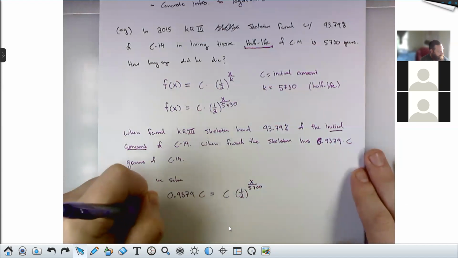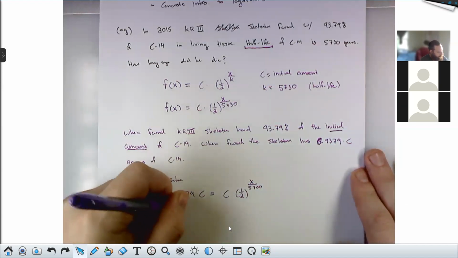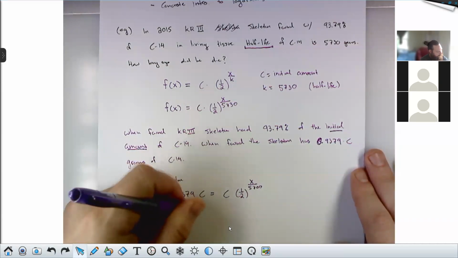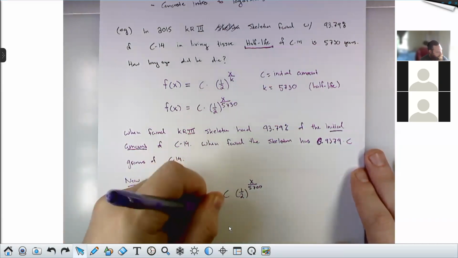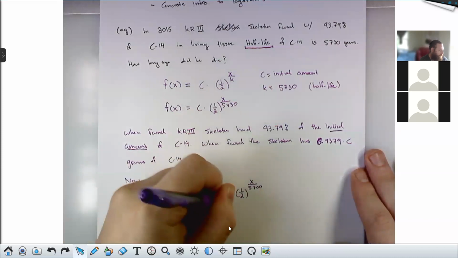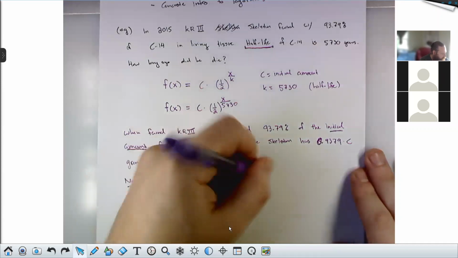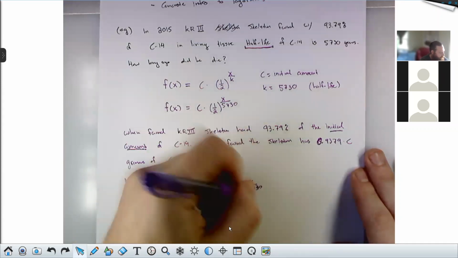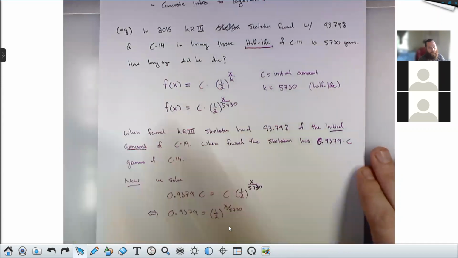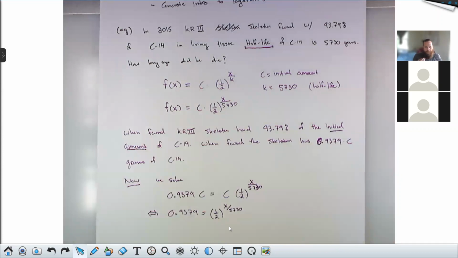So this equation is equivalent to the equation 0.9379 equals 1/2 to the X over 5,730, sorry, not 5,700. There we go.